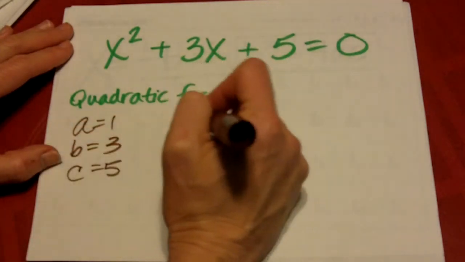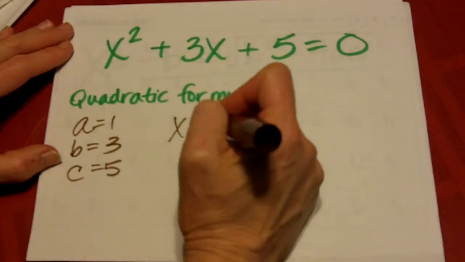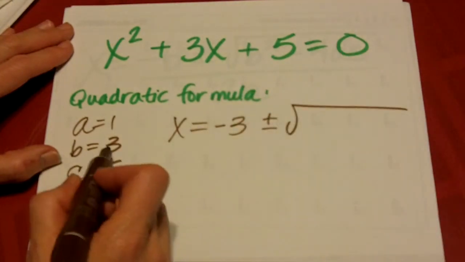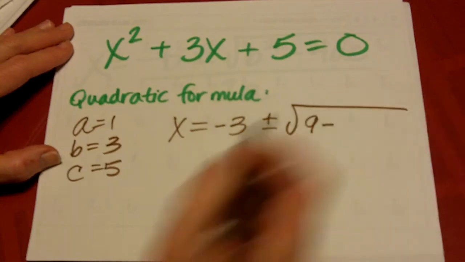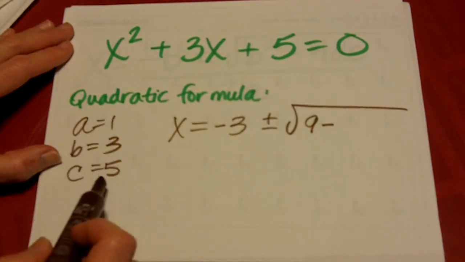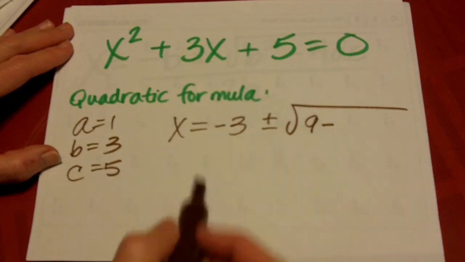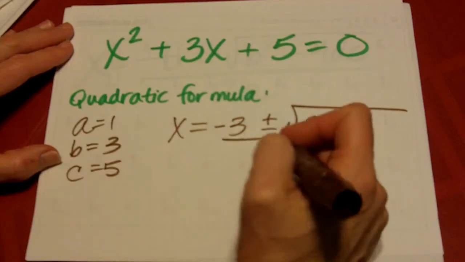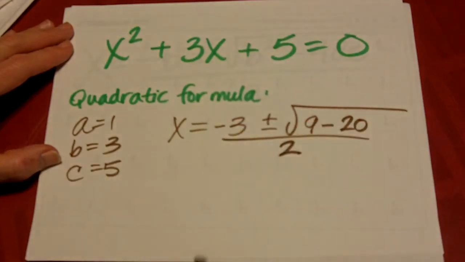Again, we're going to go x equals negative b, or negative 3, plus or minus the square root, b squared, which is 9, minus 4 times a, which is 1, or 4, times c. It would be 4 times 5, which is 20. Okay, all divided by 2a, which is just simply 2.